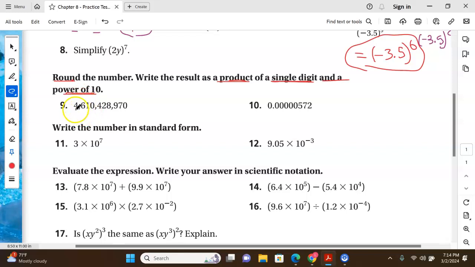So here I'm going to round this up to 5 billion because of the 610 million.